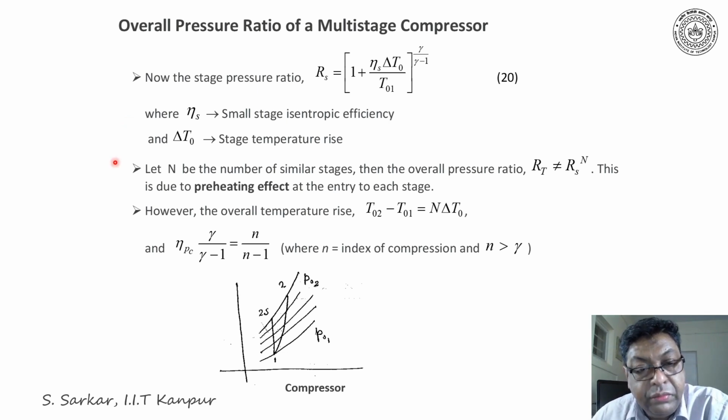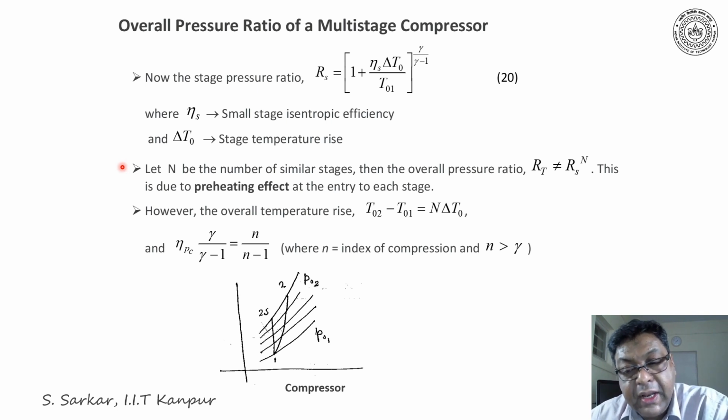Now, if we consider that the stages are of similar design and let n be the number of stages, then the overall pressure ratio of the compressor RT would not be equal to Rs to the power n. This is because of the preheating effect.